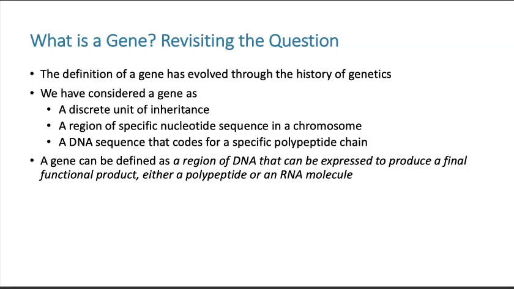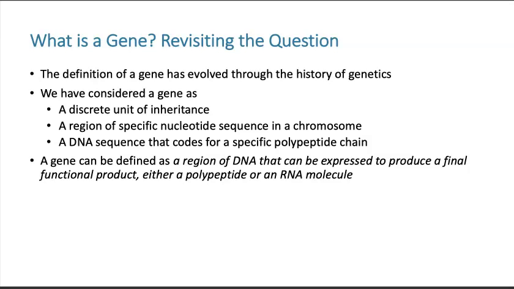In this lecture alone, even though I didn't really name it, I have discussed the definition of gene as, first of all, a unit of inheritance. We pass down our genes, right? I've also talked about it as a region of a nucleotide sequence on a chromosome. I've also, especially in this lecture, talked about it as a DNA sequence that codes for a polypeptide chain.